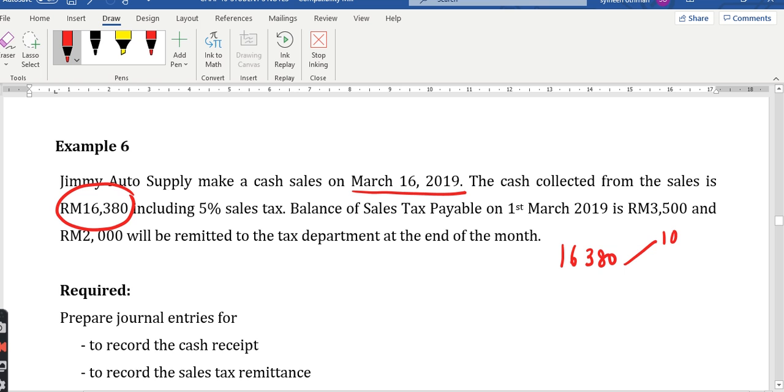That means from this amount you have 100%, that is your sales, and 5% that is your tax. The balance of the tax payable in March 2019 is 3,500, and 2,000 ringgit will be remitted to the tax department at the end of the month. So we need to prepare the journal entries to record the cash receipt.